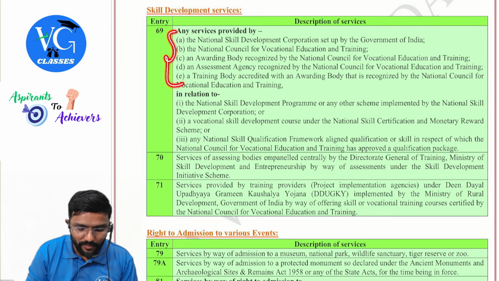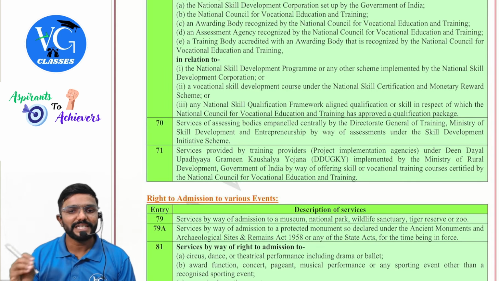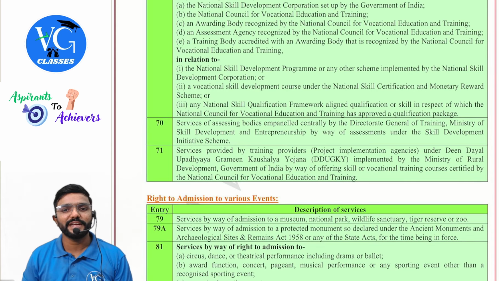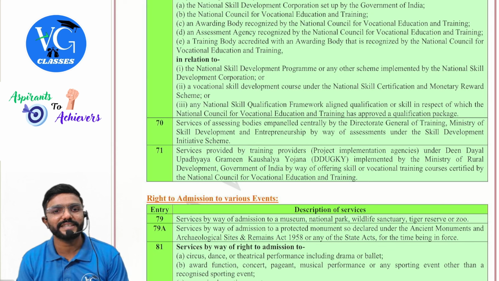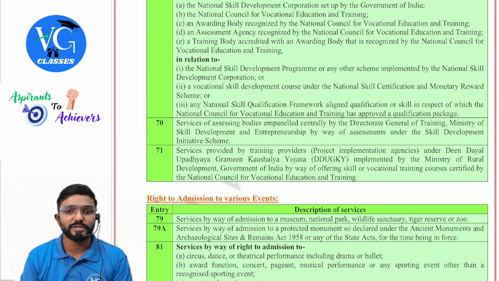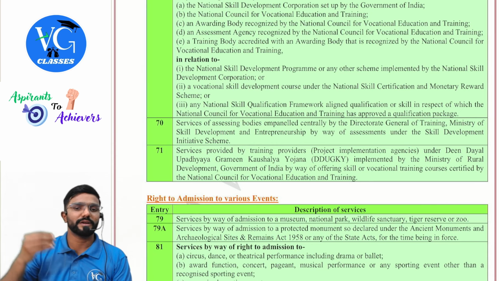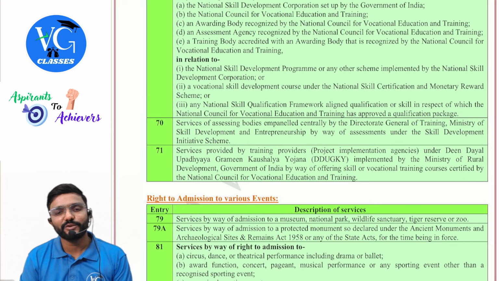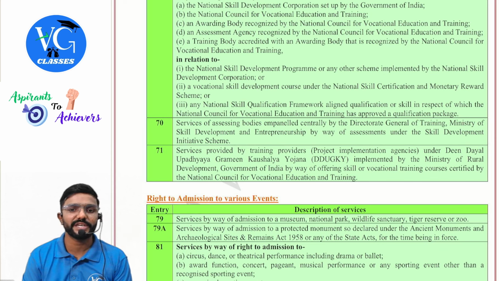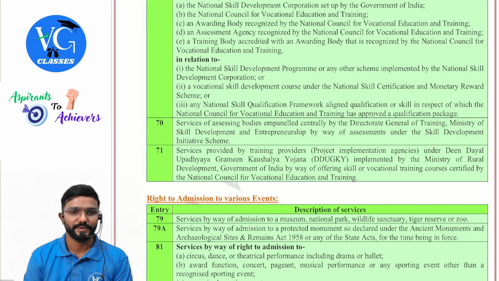So all these are suppliers. They are providing what? National Skill Development Program or any other scheme implemented by the National Skill Development Corporation, or a vocational skill development course under the National Skill Certification and Monetary Reward Scheme, or a National Skill Qualification Framework aligned qualification or skill in respect of which the National Council for Vocational Education and Training has approved a qualification package.